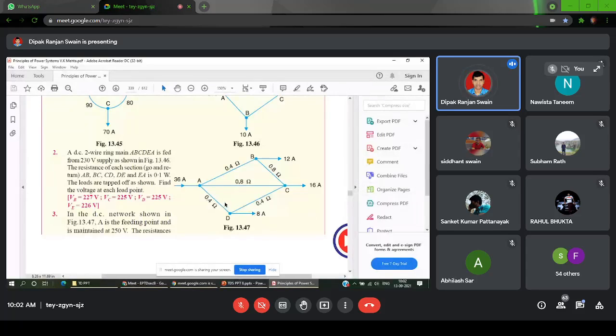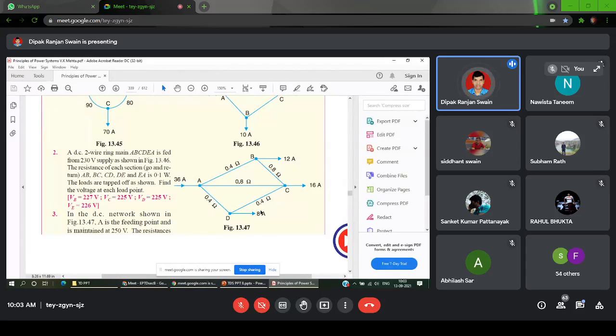So always this method is: remove the interconnector, solve the problem and Thevenize the circuit. Okay. So first you find out the current I. Write down the closed loop equation. When you remove this 0.8 ohm, this current is I into 0.4 plus I into 0.4 plus (I minus 12) into 0.8, minus 28 into 0.4 and (I minus 36) into 0.4.